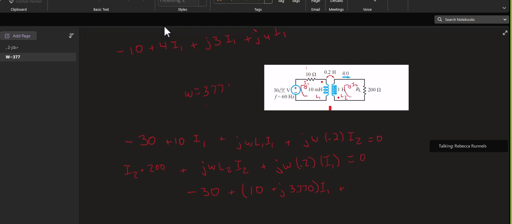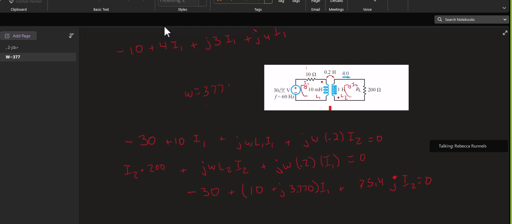And then plus J omega is 377 times 0.2, which is 75.4. 75.4 J I2 equals 0. That's the top equation.